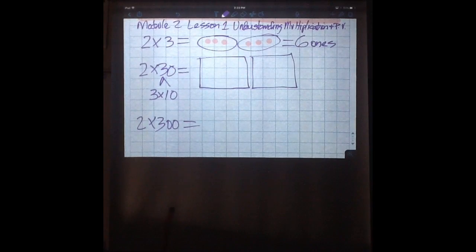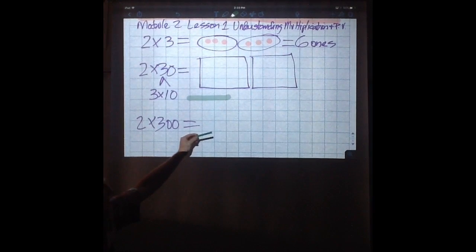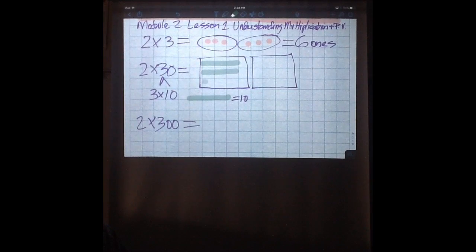So that kind of helps us, because let's say that I have one of these rods, or tens, and I'm going to call this a 10, right? So how many of those am I going to put in each box? Well, I'm going to put 1, 2, 3 in each box, right? 1, 2, 3.